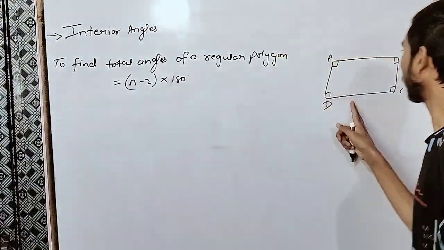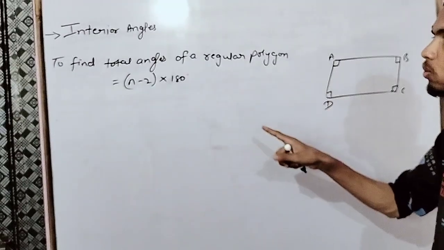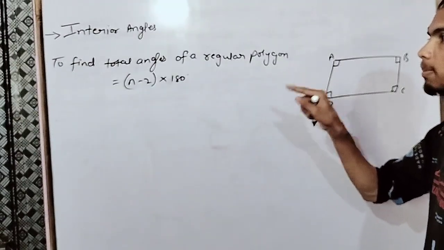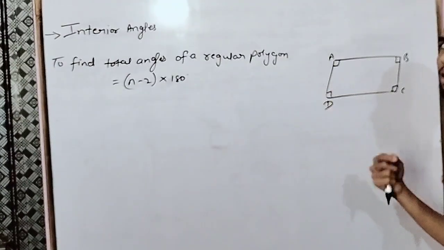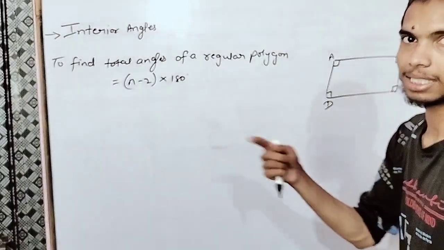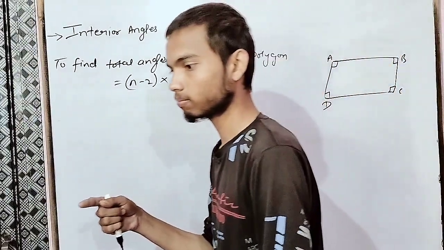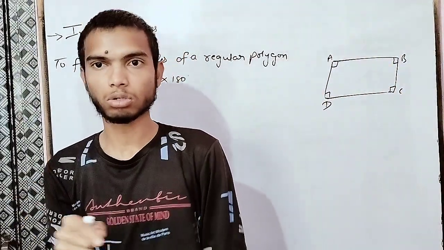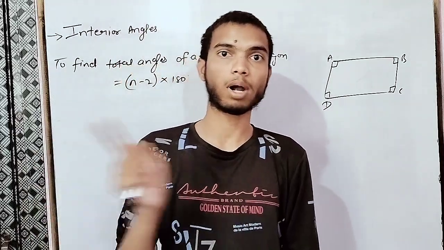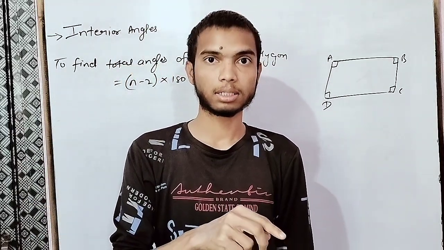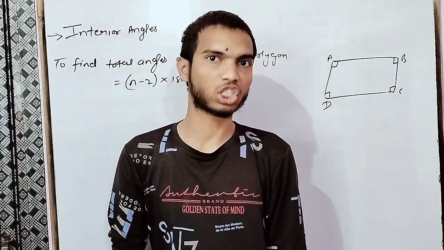Now for A, 1, 2, 3, 4: 4 minus 2 is 2, and 2 multiplied by 180 is 360 degrees. And it is said that the total of interior angles of a quadrilateral is 360 degrees.